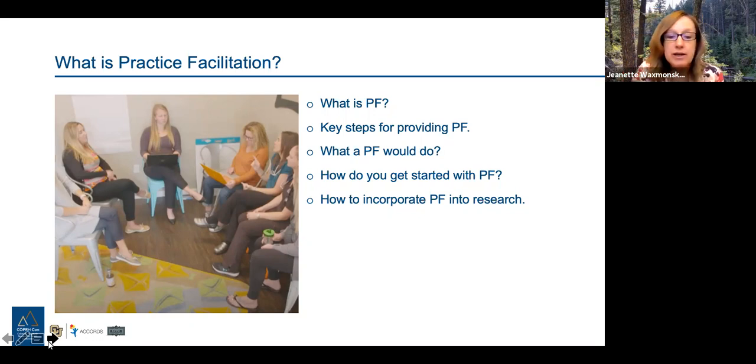So what are the key steps for providing practice facilitation in your research study? Well, when you figure out what your intervention is and the types of practices you're going to outreach for your study to be part of your study, you need to think about who, what, when, where, why, and how. So what are the practices' needs?